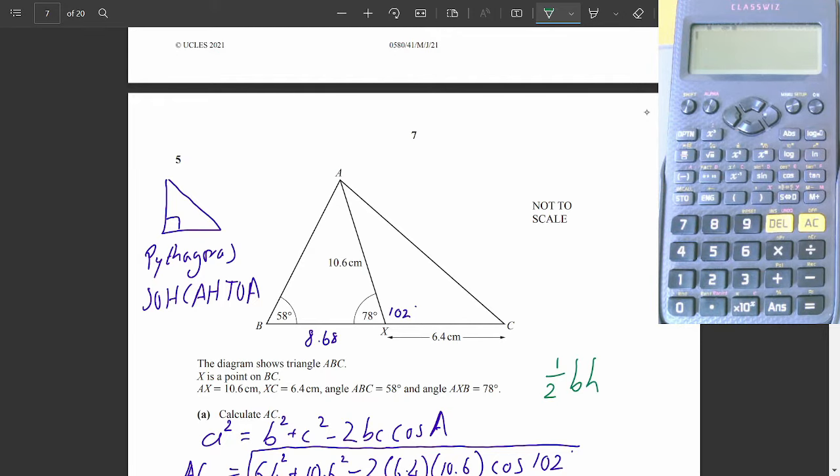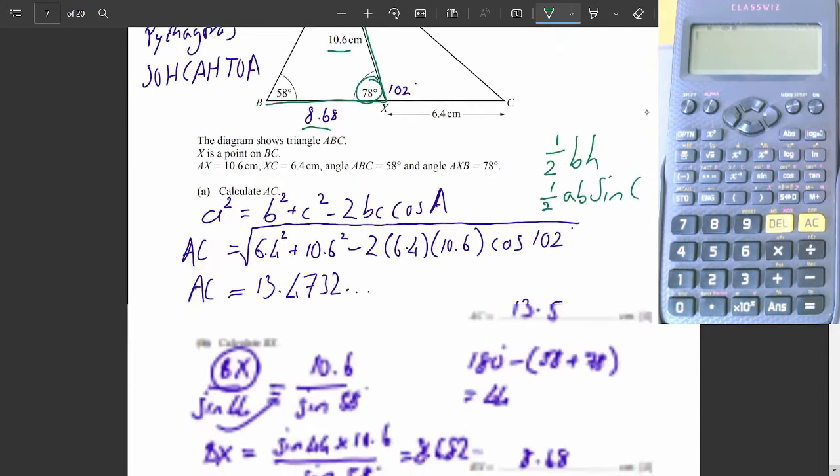We don't have the perpendicular height, which means we're going to have to use the other formula of a triangle, which is half ab sin C. Now that means in a triangle we need two sides and the angle in between, which we don't have for the big triangle ABC, but we do have it for the smaller triangle here, for example. So half ab sin C means half the two sides we have and the angle between those two sides. So it's going to look like this.